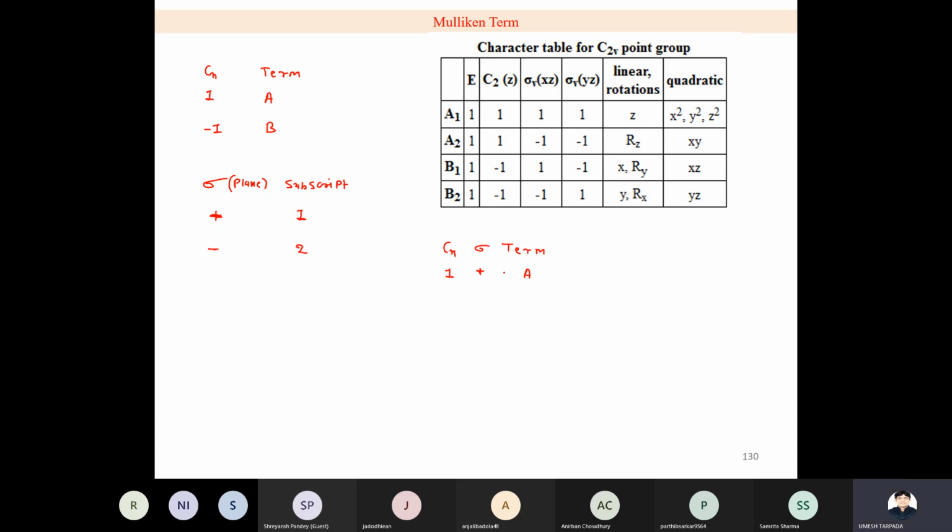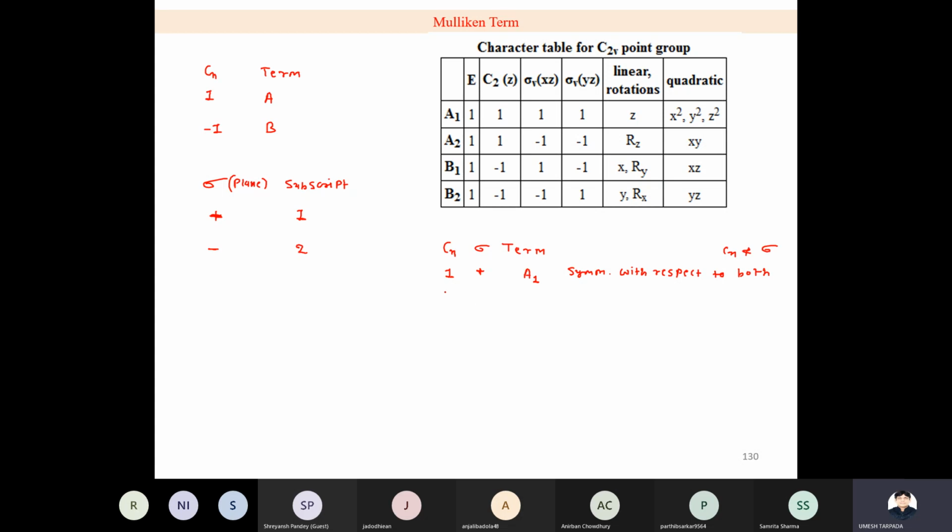Then subscript is A1. So what can we interpret from this? We can say that A1 is symmetric with respect to both Cn and sigma plane. Okay, so therefore we are using term A1.